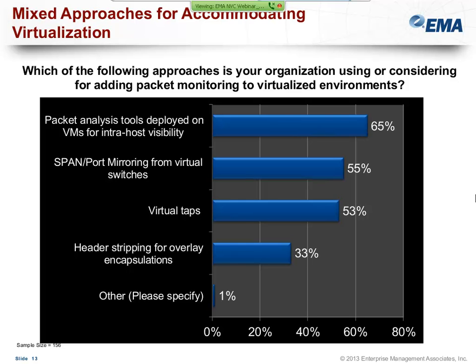Span and port mirroring for virtual switches actually is a pretty well-established feature from most virtual switches now, and that gets plenty of use, and that could actually end up being piped over through an NVC into monitoring tools.